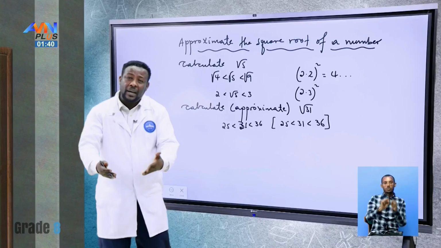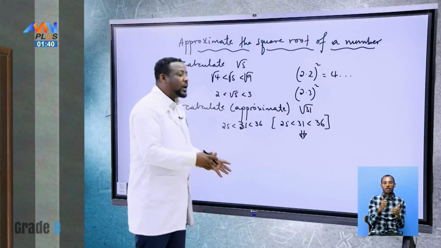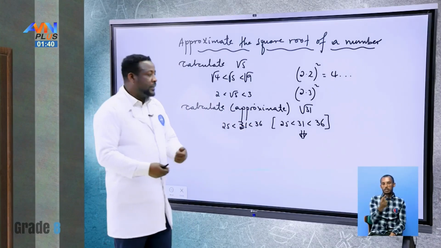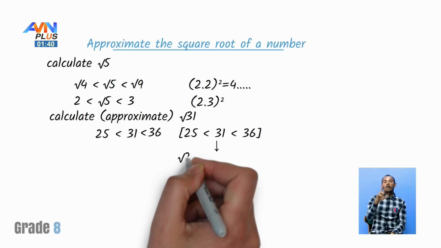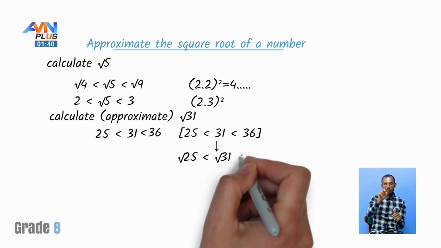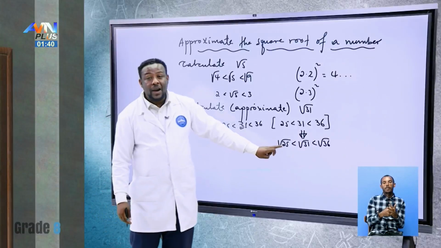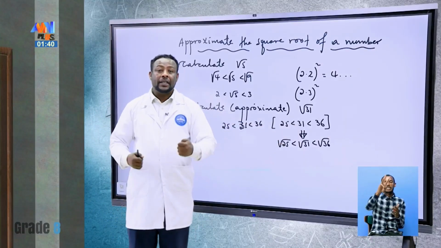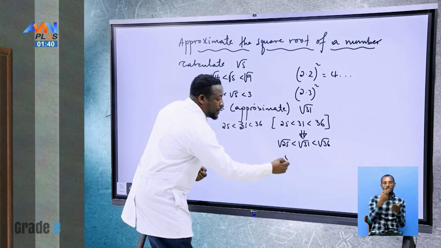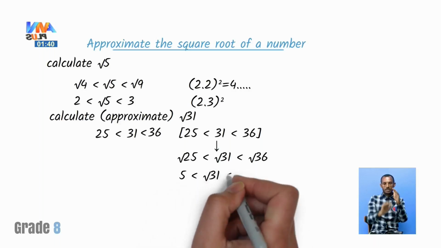The next thing is we take this inequality and use radicals on each side, right? Radical 25 is less than radical 31, which is less than radical 36. Since 25 and 36 are numbers that can be taken out from the radical, this gives us 5 less than radical 31, and radical 31 is less than 6.